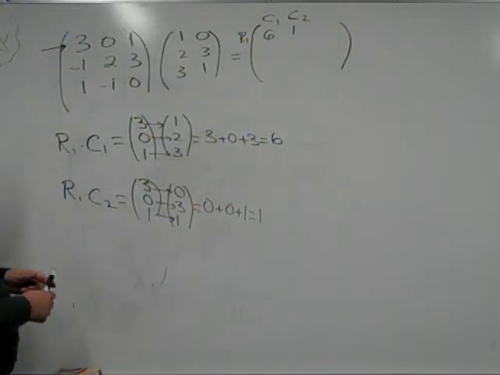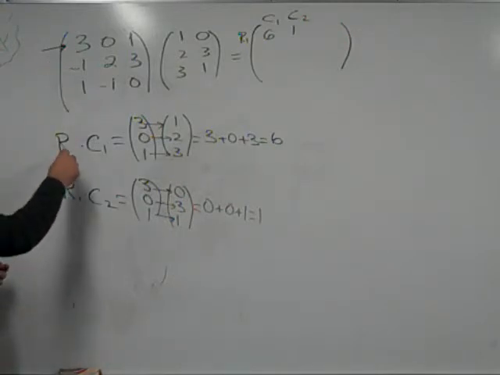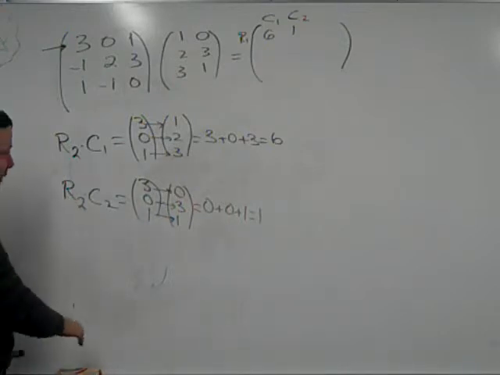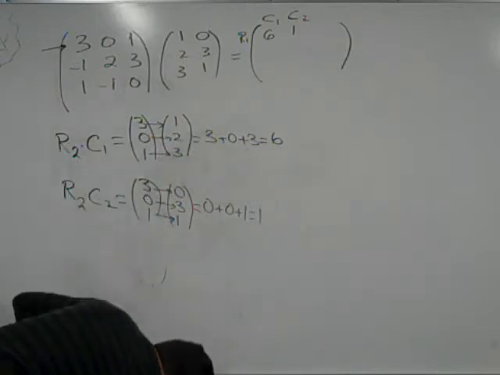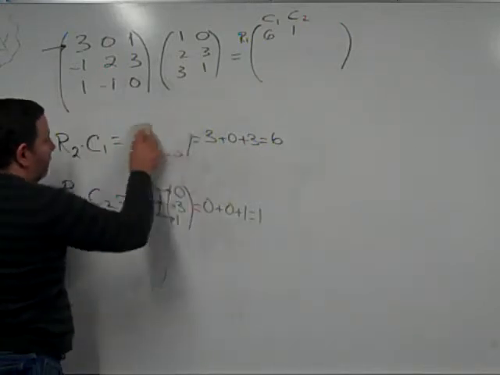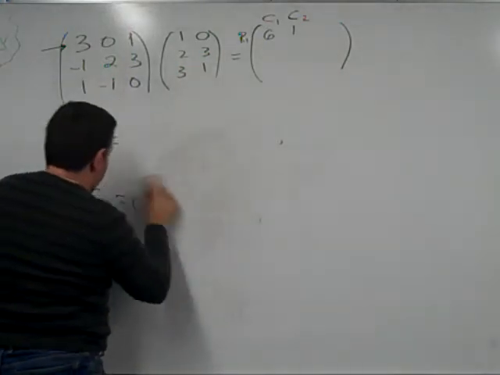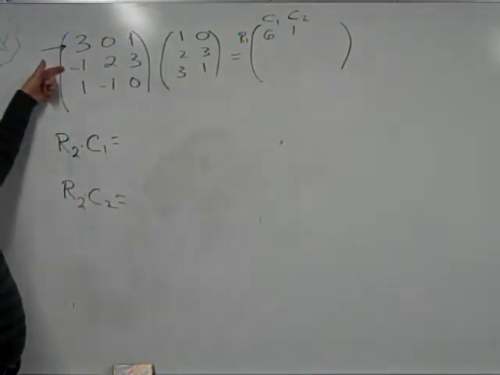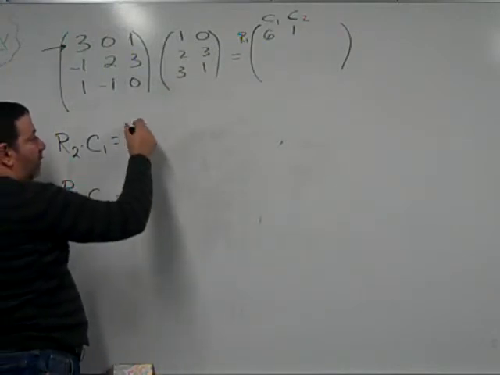So what do I do now? I go on to row 2. I do row 2 with column 1. I do row 2 with column 2. So let's do that. Row 2 is negative 1, 2, 3.